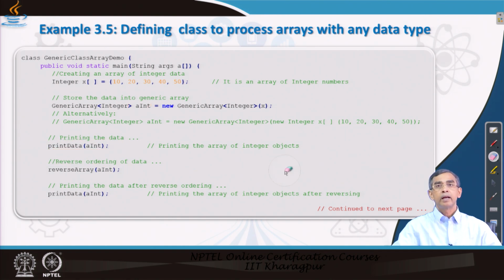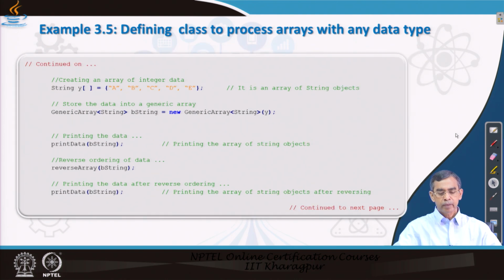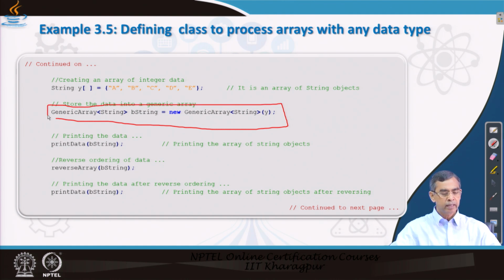For an integer array. Now, we can repeat the same program, but for another type of array. For example, let us see how the same program works for string. So, this basically runs the program again, but for another type of array, called String. Here the string array is declared.